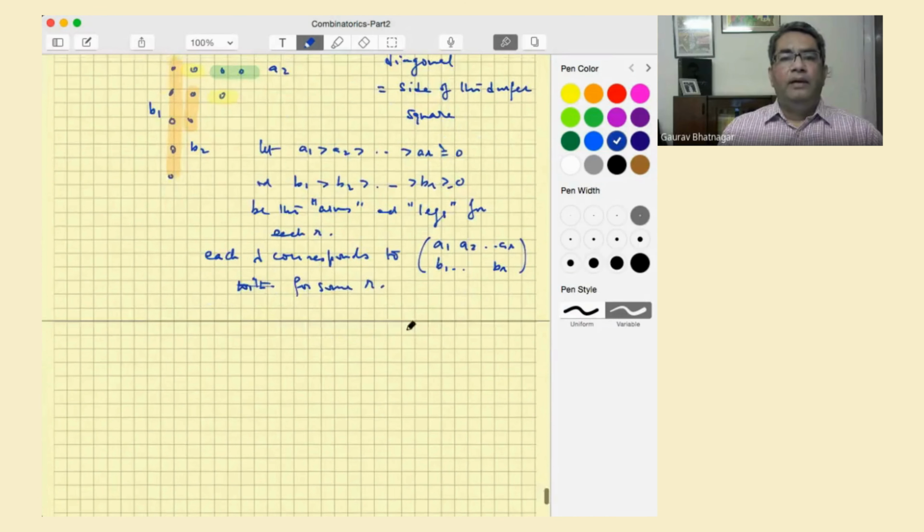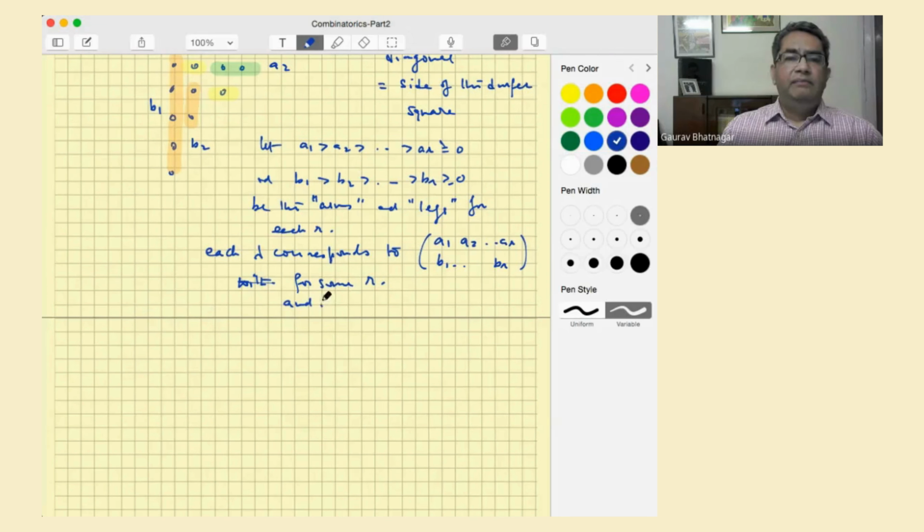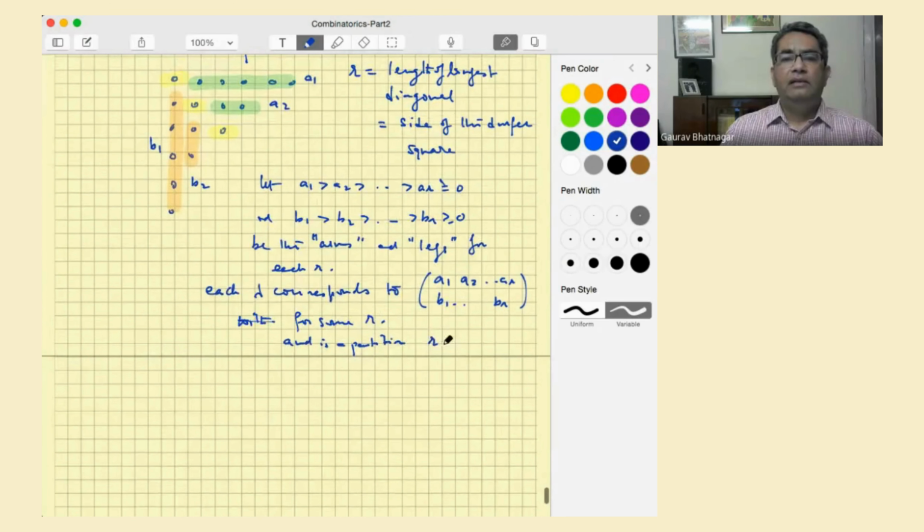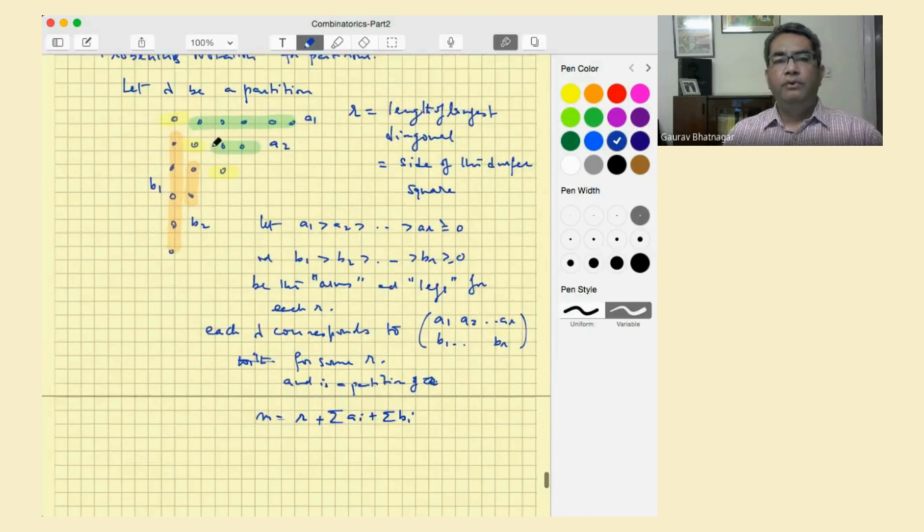And this is a partition of what? Partition of the R, these yellow guys, partition of n equal to R plus the summation AI plus summation BI. And vice versa, if you're given such an array, you can put the arms and legs.